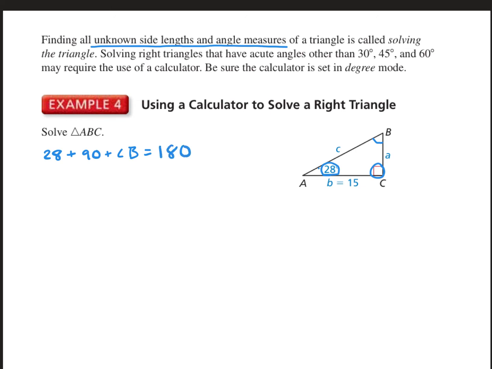So if it gives you two of the angles, you can always subtract from 180 to find the missing angle. So 28 plus 90 is 118. So I'm going to subtract 118 from the left and on the right. So angle B is equal to 62 degrees.